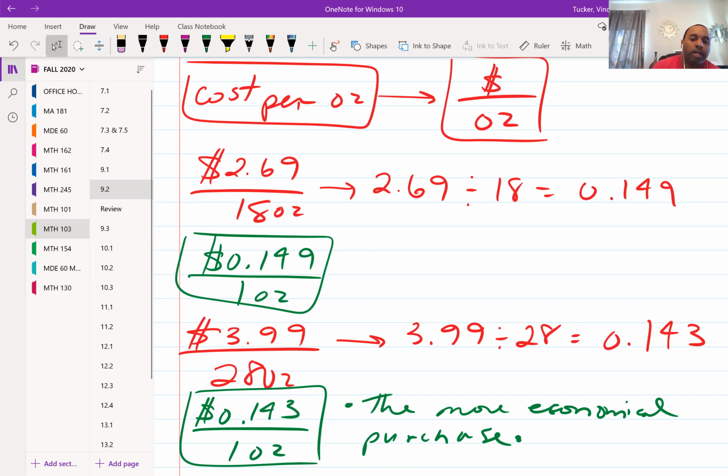So the $3.99 purchase is the more economical purchase because you're paying less per ounce. All right, questions on that one?